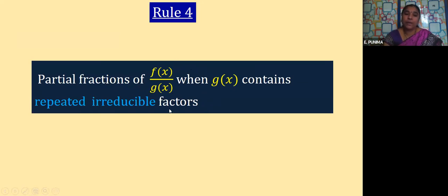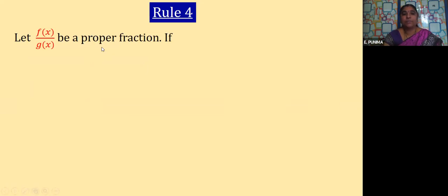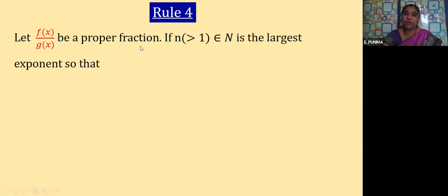So what is this mathematically? What is the meaning of this statement mathematically? Let us see what rule 4 tells us. Let f of x by g of x be a proper fraction. Till now we are dealing with only proper fractions, children, in all the cases: rule 1, rule 2, rule 3 and rule 4.